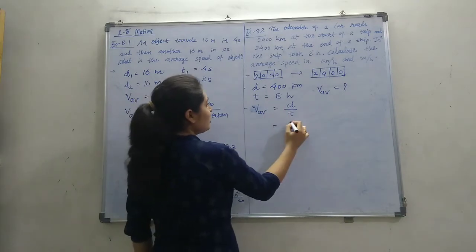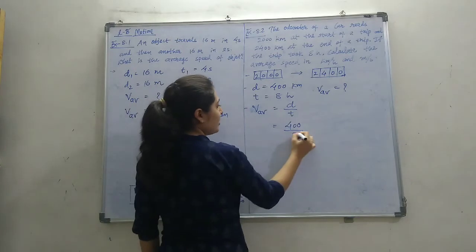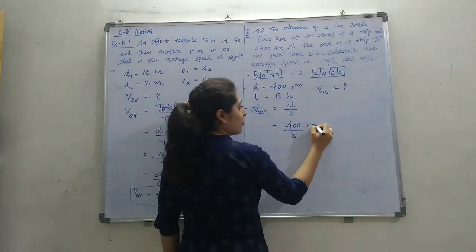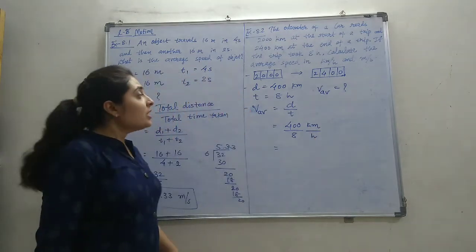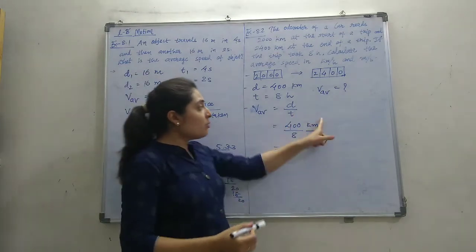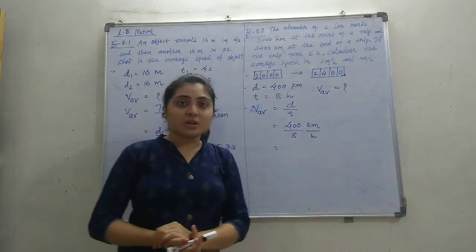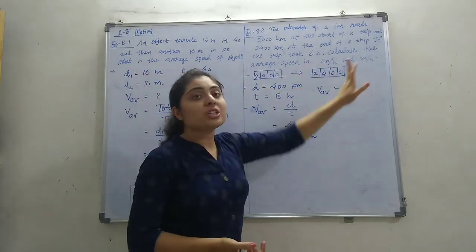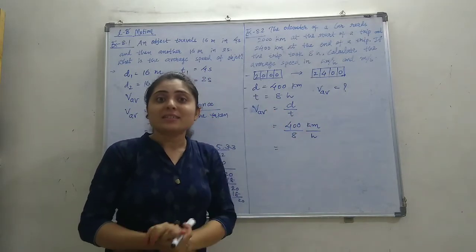Distance is 400 kilometer and time is 8 hour. Here the distance is in kilometer and time is in hour. It is not a standard unit, but we need to find the average speed in kilometer per hour unit, so we are not changing these units to meter and second.